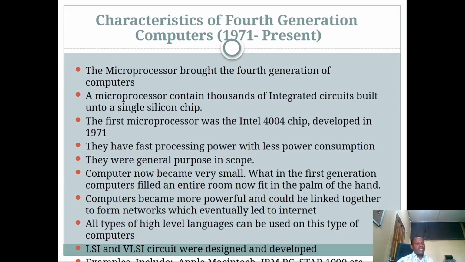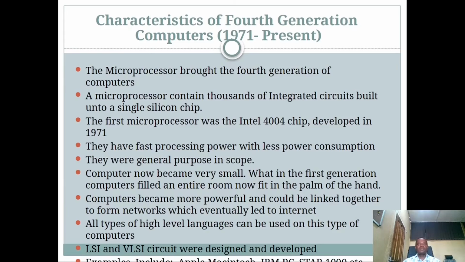Computer system became more powerful and could be linked together to form networks, which eventually led to internet. Microprocessor brought in the development of PC, personal computer system.